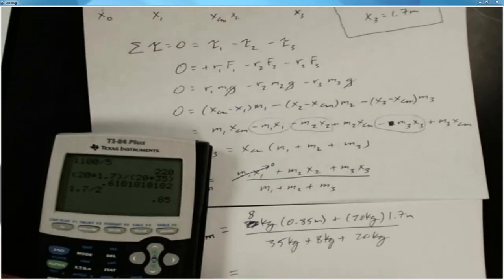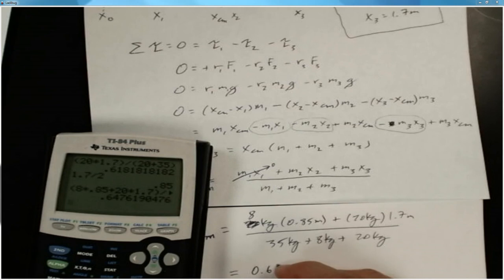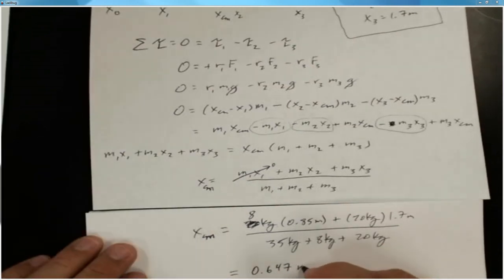So put a parentheses around my numerator, 8 times 0.85 plus 20 times 1.7, close parentheses, divided by, open parentheses, 35 plus 8 plus 20, close parentheses, and I got 0.647 meters.